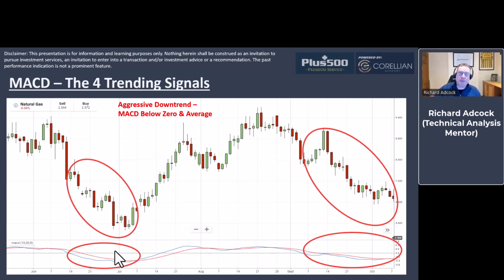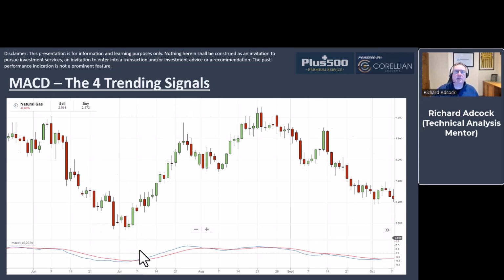Now, in this type of setup, the risk is that we can carry further and more aggressively within this downtrend until we start to see evidence of a turnaround, either within price activity, from a candlestick reversal, for instance, or we start to see the MACD crossing above its moving average to suggest a more extended consolidation within that move. So that's the aggressive downtrend.